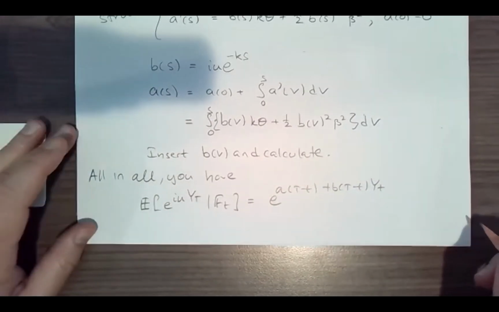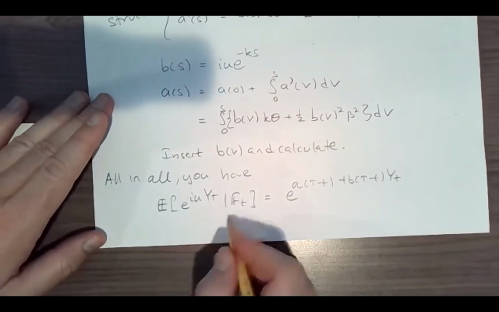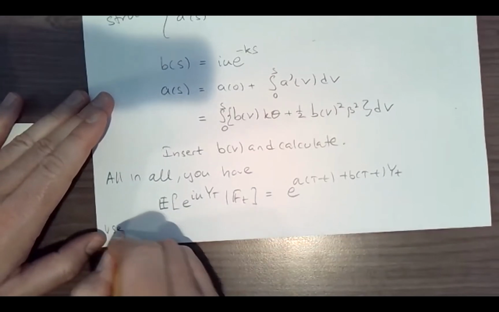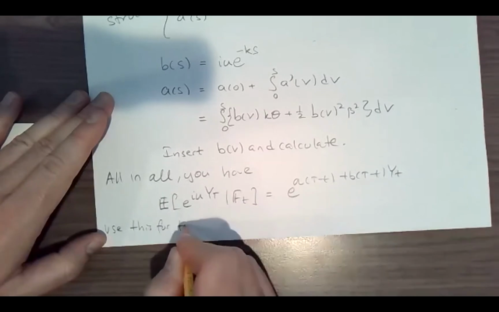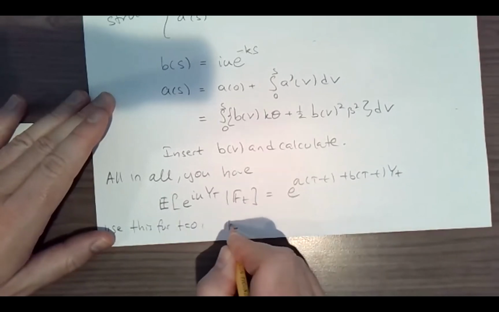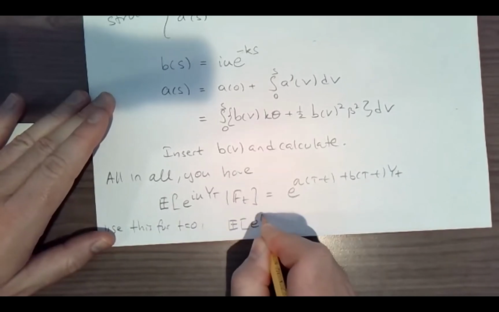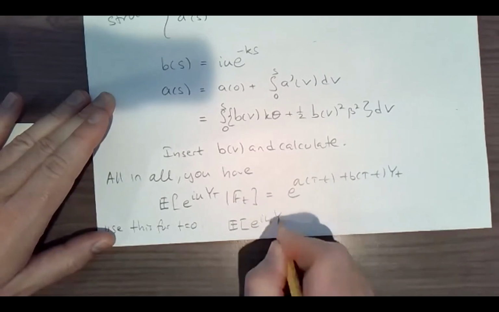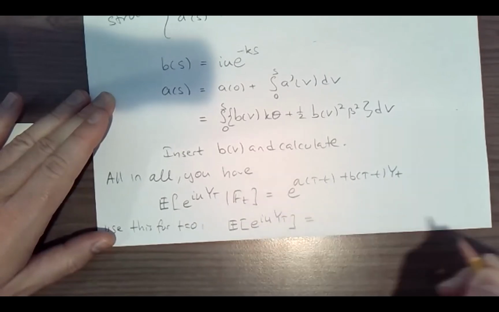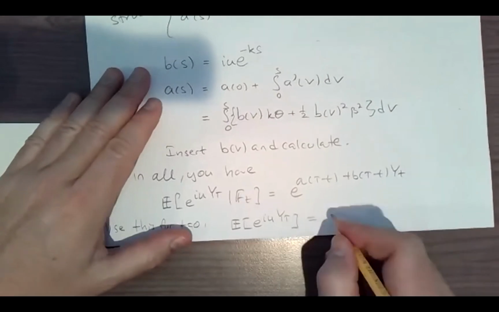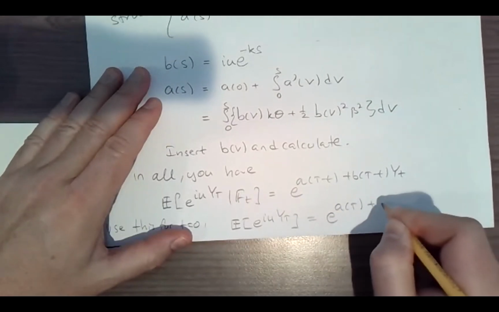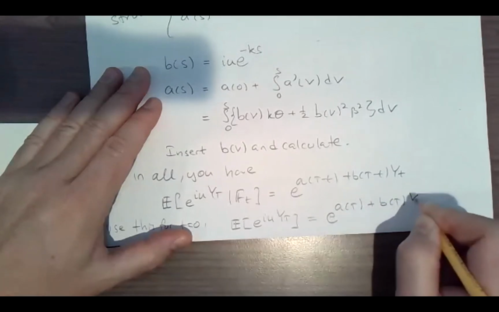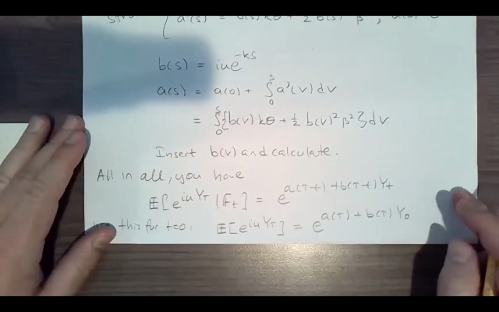And the one you want, you just use this with t equal to 0, then you're going to get the characteristic function, which is exponential A of T plus B of T times Y 0.